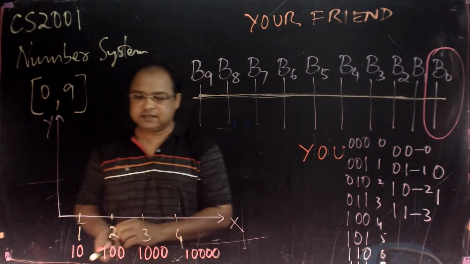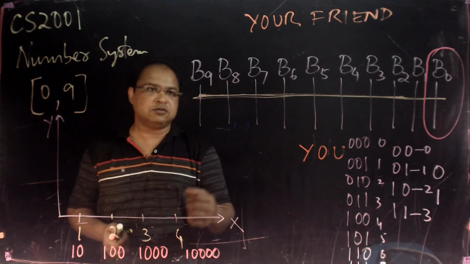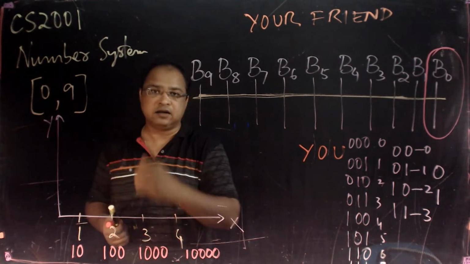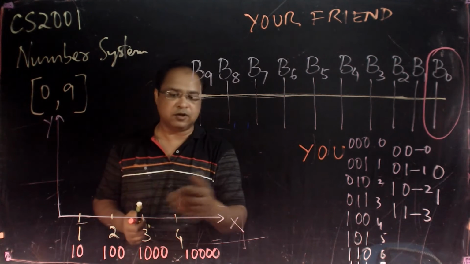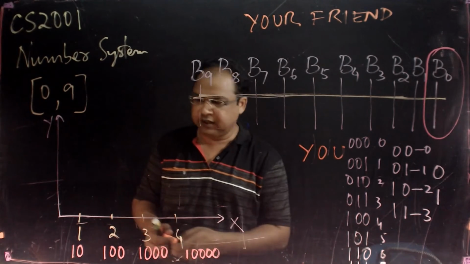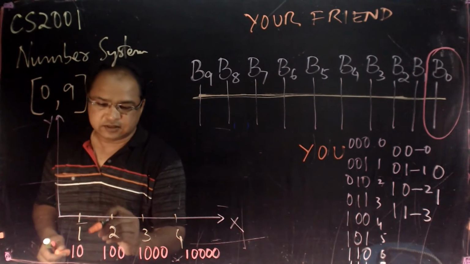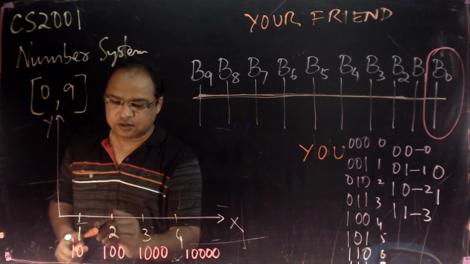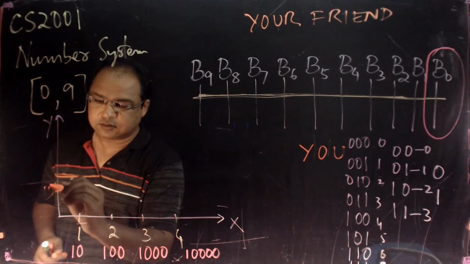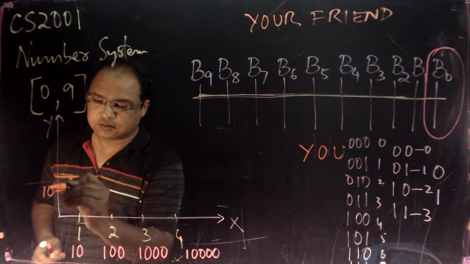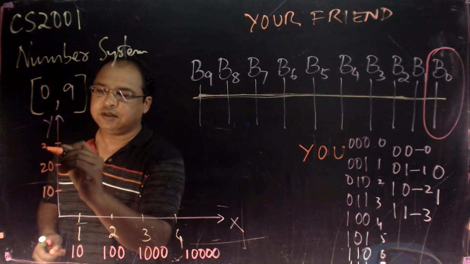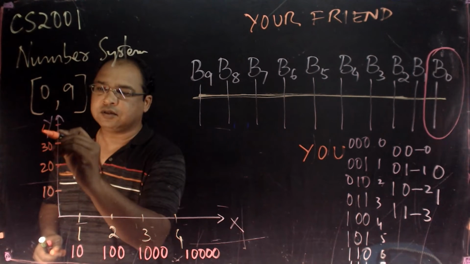So in the y-axis, we will figure out how many wires or bulbs we require for a decimal number system and for a binary number system. Let us talk about decimal first. So we have 10, we have 20, 30, and 40.